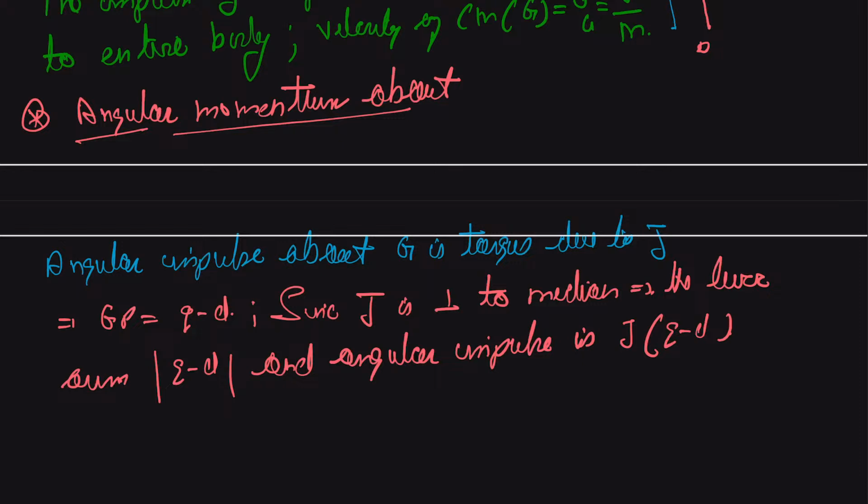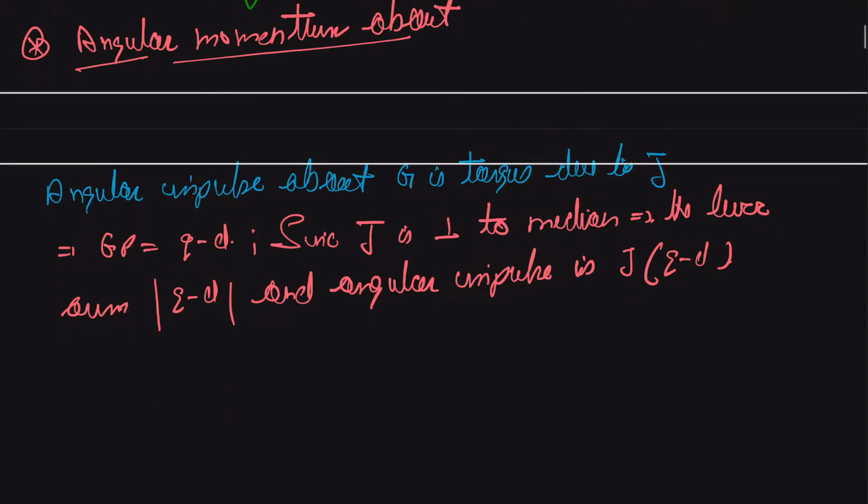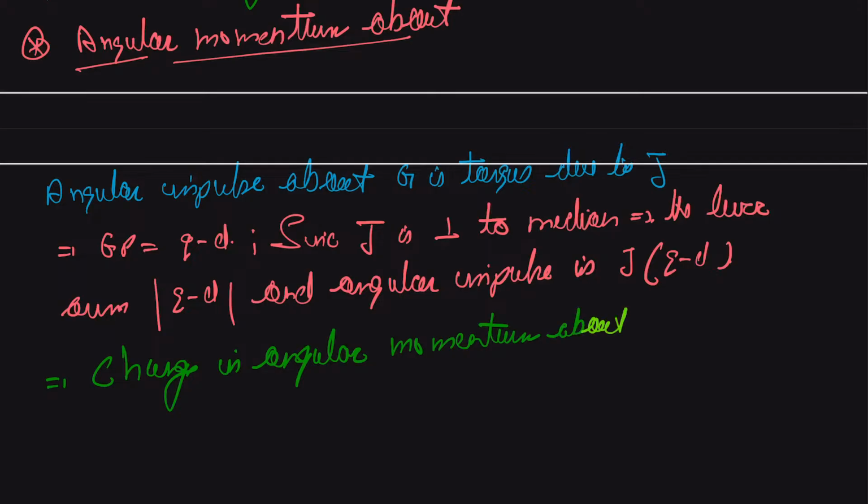And therefore we can say that the change in angular momentum about g will be equal to the moment of inertia about the center of mass multiplied by the angular velocity, that is our omega. Okay.